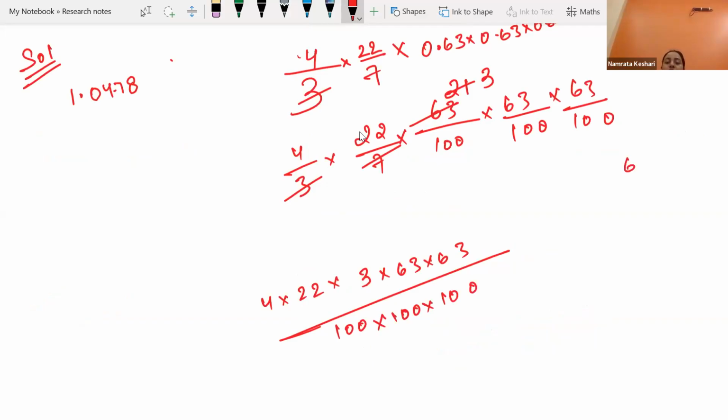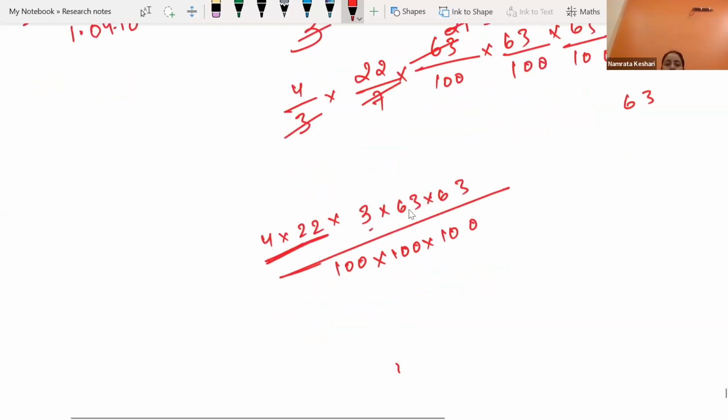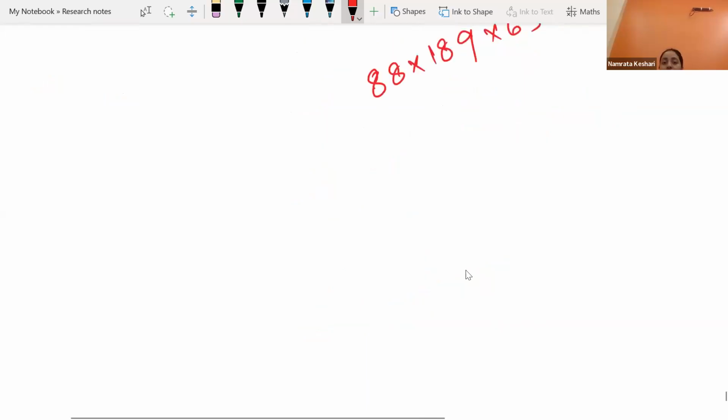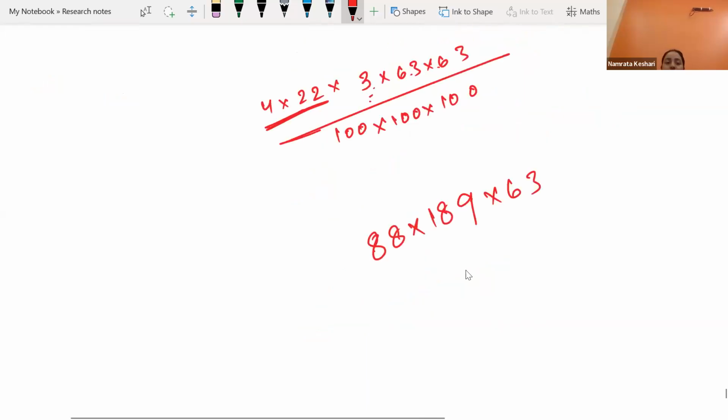So 63, this 22 into 4 is, let me check, 88. 3 times 9, 18 and 63. It will be huge, but no worries, we have to do it. Let me check: 88, 63.